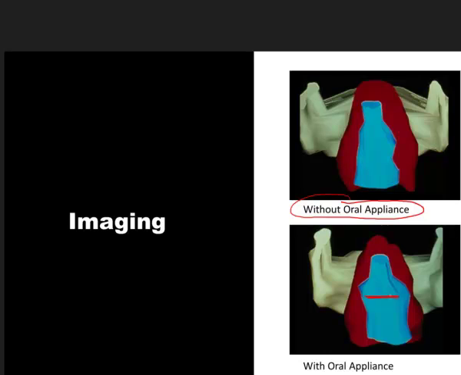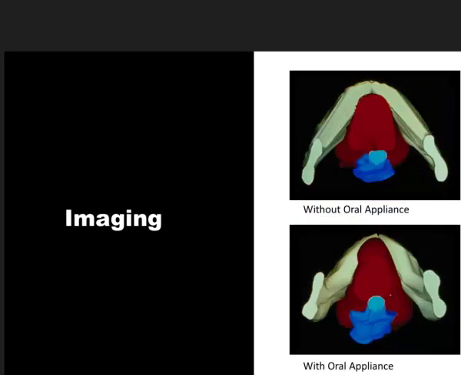So let's look at this from the top, and you'll see the same kind of thing. There's our mandible, there's the tongue base here, and there's our airway back here. The lumen is in light blue, and the whole airway space, oropharynx, is in dark blue. Without the oral appliance in place, it carries a certain amount of space, volume really, in 3 dimensions, that we breathe through.